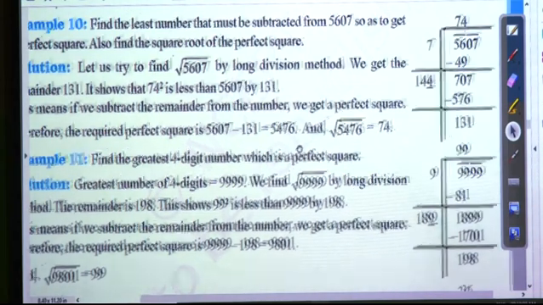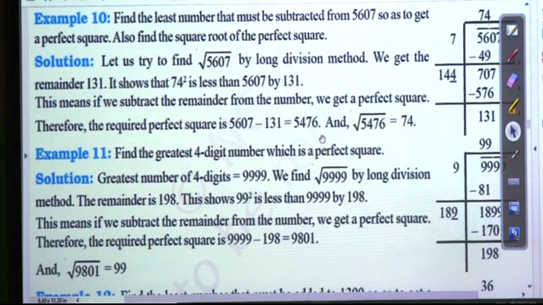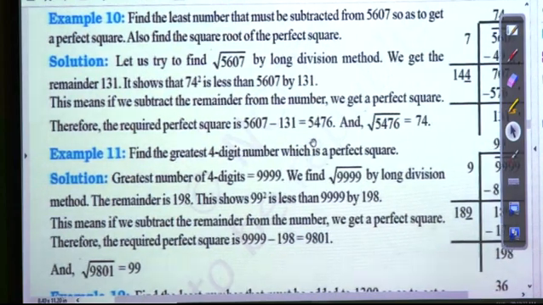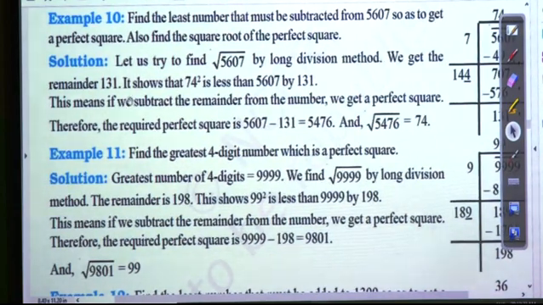Please understand carefully what has been explained here. What the remainder we are getting? We are not getting the remainder 0 here. We are getting the remainder 131. Further, what has been explained to us? It shows that 74 square is less than 5607 by 131.